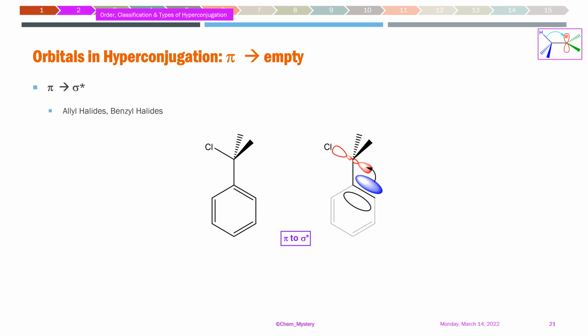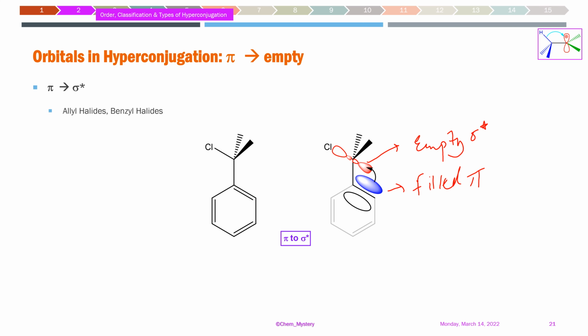This is a filled pi molecular orbital, like an occupied molecular orbital, and here we have an empty sigma star. So electrons are going from the pi orbital into the sigma star orbital. That is the case of the benzyl halide, and that is basically one of the cases of the reverse or negative hyperconjugation as well, what we have just seen.